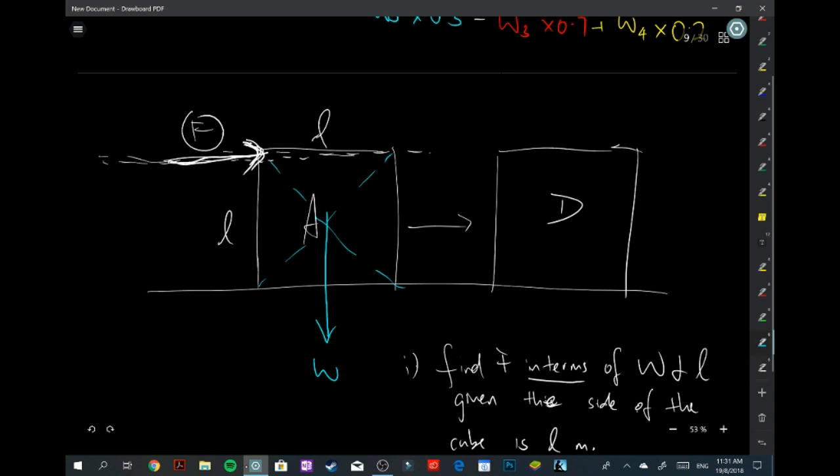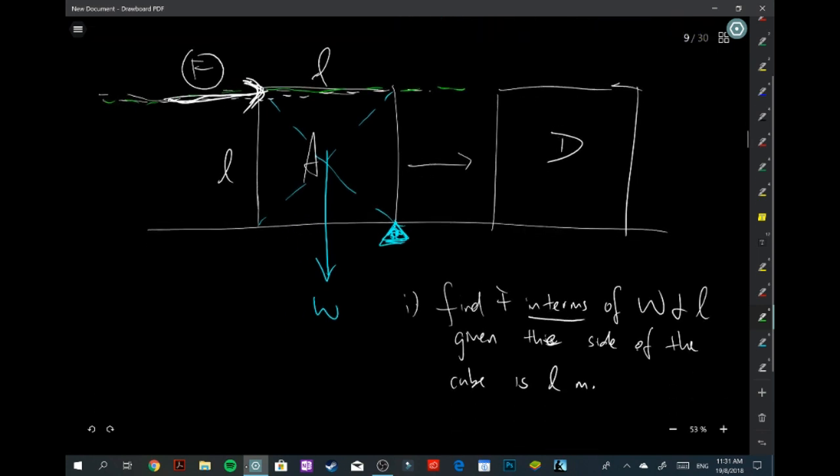Second, identify where's the pivot. In this case, this is the pivot, because you're going to rotate the box in this manner, and this will be the point where it will not move at all. So if this is the pivot and this is the line of action of force, very simple.